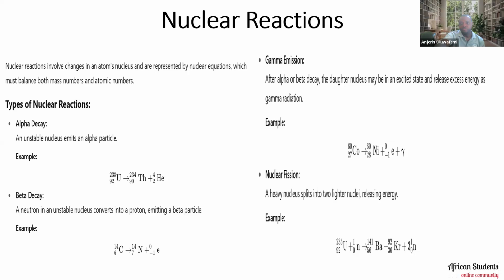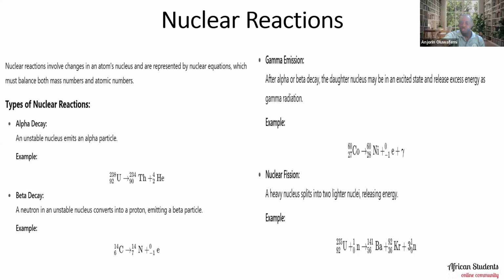And that's why we have a transition from cobalt-60 to nickel-60, but their atomic number differs by 1, because the beta emission is accompanied by what? Gamma emission. So that's why we said after alpha or beta decay, the nucleus will be in an excited state and release excess energy as gamma radiation. So the gamma radiation we can see there is just the excess energy that has been given off.